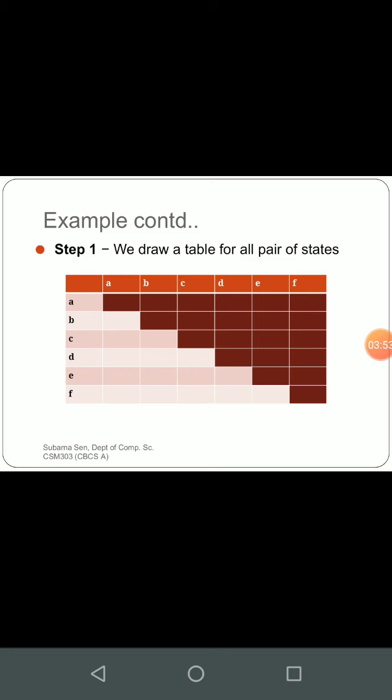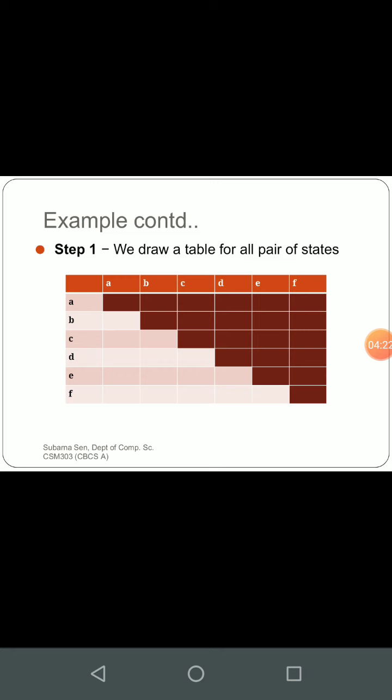Here what we have done, you can see all the states A, B, C, D, E, F are written row-wise and column-wise both, and we have marked a few cells with maroon color. Why? Because here you can see there is a combination in row B and column A, which depicts the pairing between A and B. So if we keep both B cross A and A cross B open, the meaning is the same.